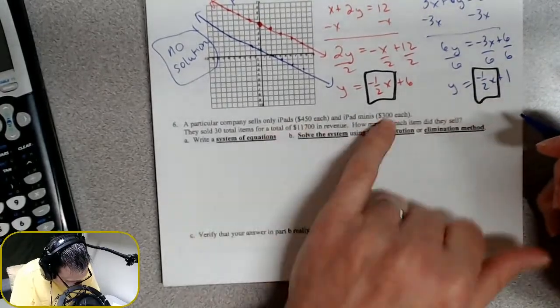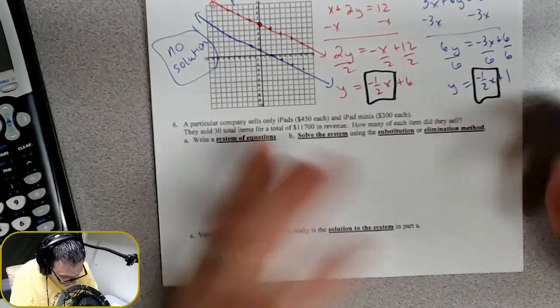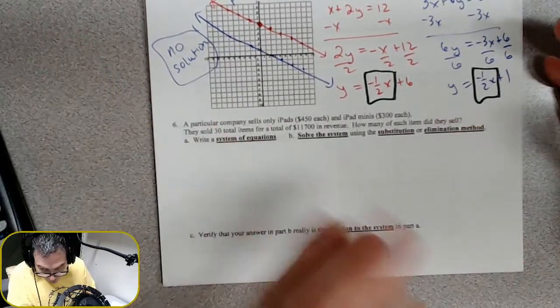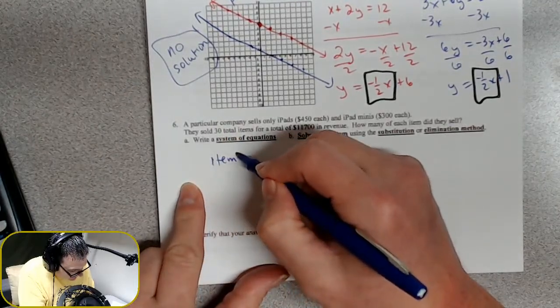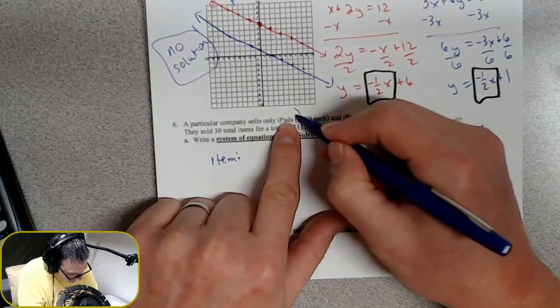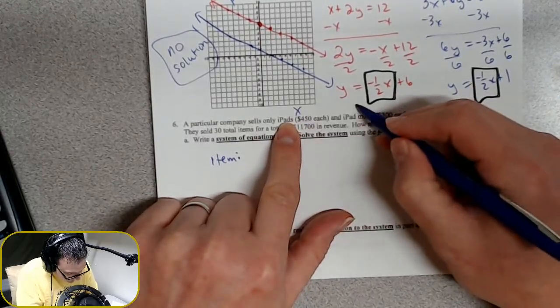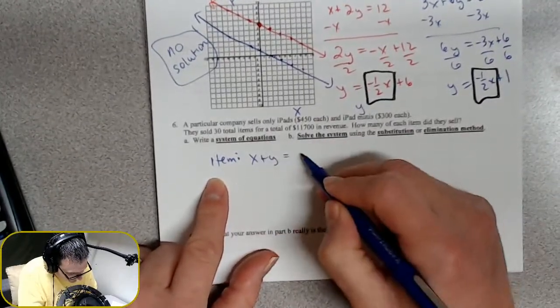We got iPads and minis. Okay, here comes solve a system of equations. So remember what we were talking about in class. What's a subject? Okay, let's do items. Items is the subject. So we'll call the iPads x items and minis y items. So we sold x plus y equals 30.